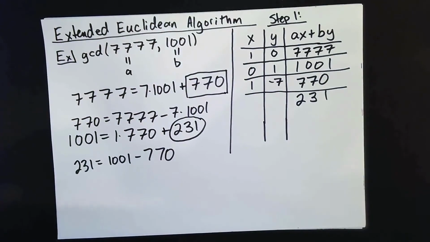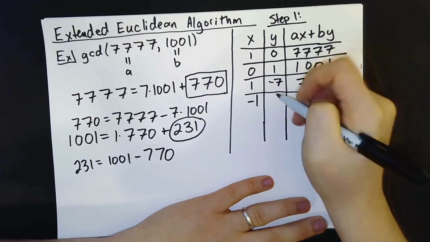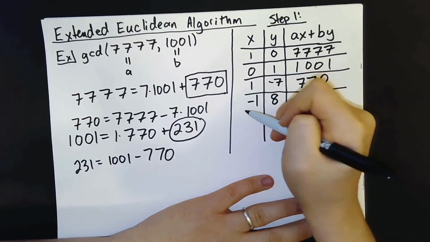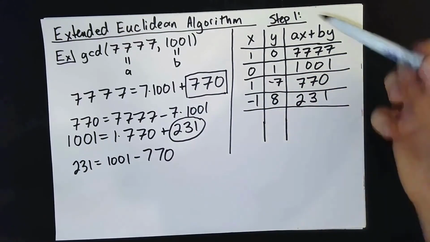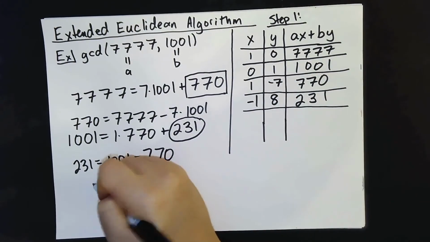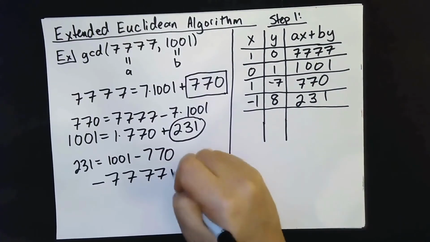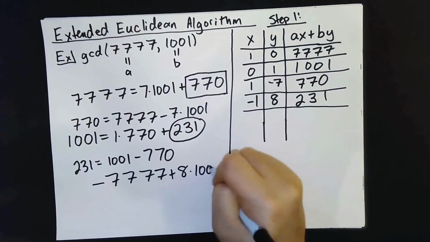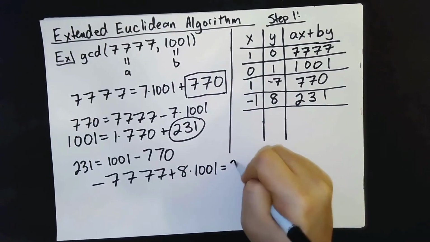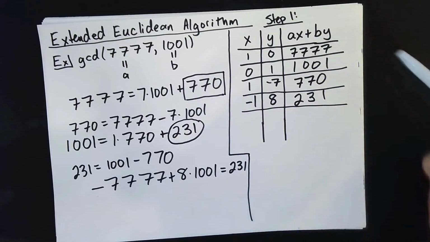And so when I do that, I will get minus 1 and plus 8. Again, all this line says, just to emphasize, is that minus 7,777 plus 8 times 1,001 is equal to 231. Every row in this table is just a statement of an equation like that, and you can check that this is true.